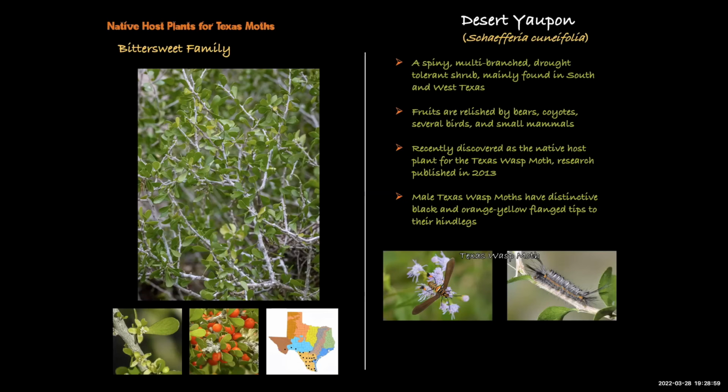Its fruits are relished by wildlife, and it is the plant that was discovered in 2013 as the native host plant for the Texas wasp moth, which you can see is a really interesting looking moth. And I love them because they have these distinctive black and orange flanges on their lower legs that make them look like they're either wearing chaps or cowboy boots. It's a very aptly named moth.